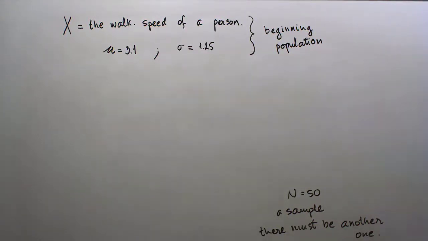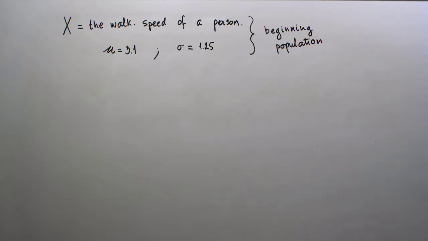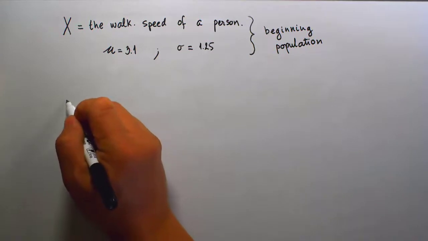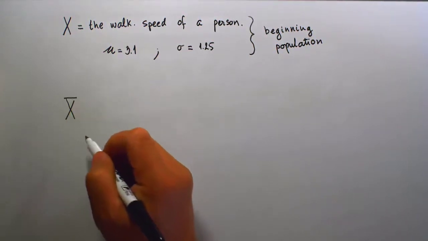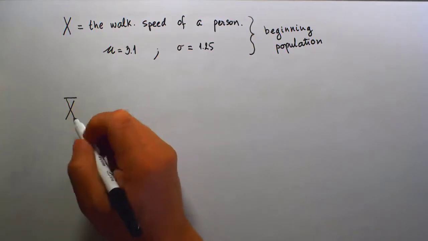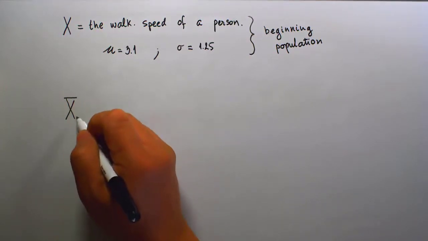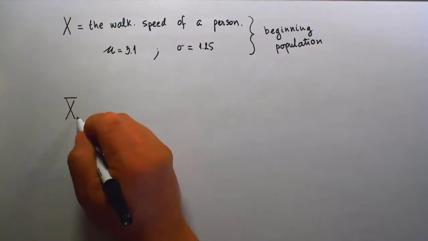Each sample of size 50 like this will have its own sample mean. In other words, any sample of size 50 that came out from the beginning population will have a sample mean. And the sample mean of our sample belongs to a population that I define as a capital X bar with a subscript 50.